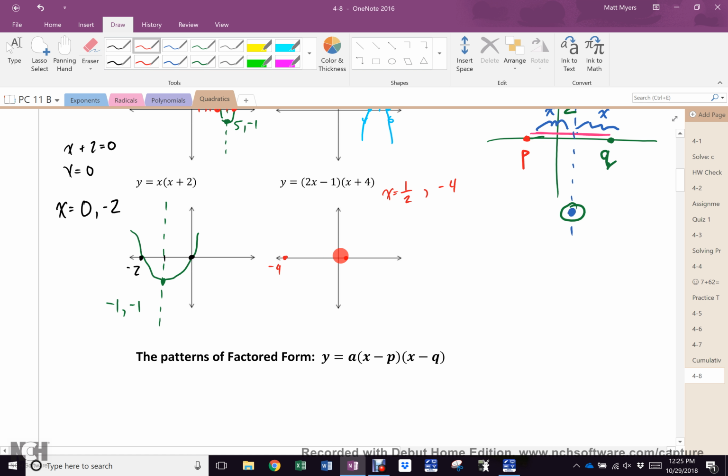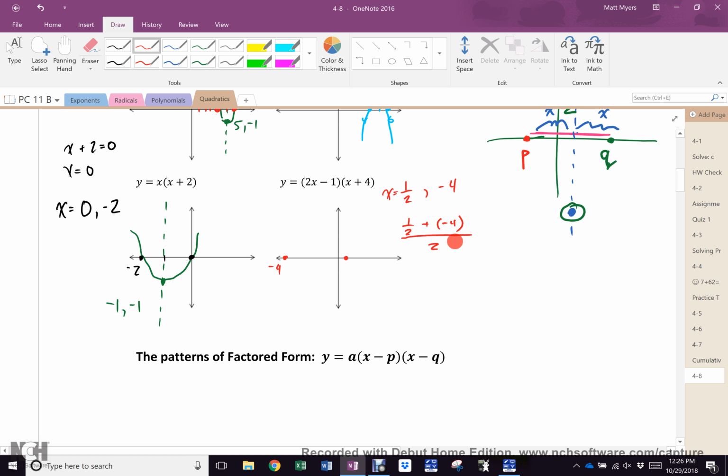But I said I wanted to do it algebraically, right? I didn't want to count it. So how do I do that algebraically? What do I have to do with these two numbers? I add them, 1/2 plus -4, and divide by 2.